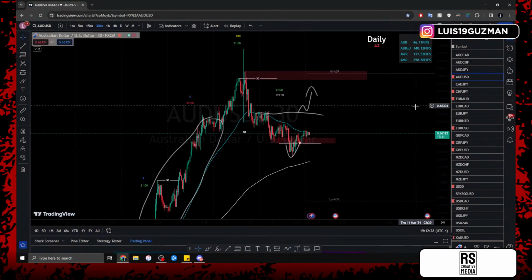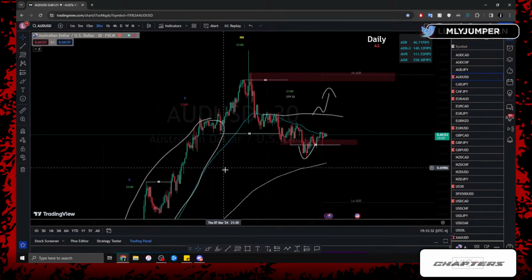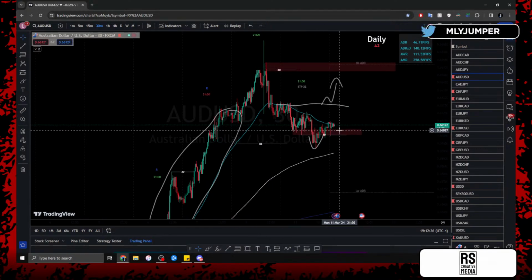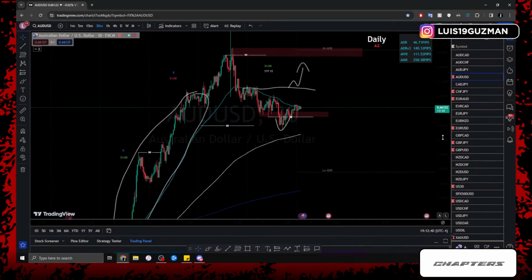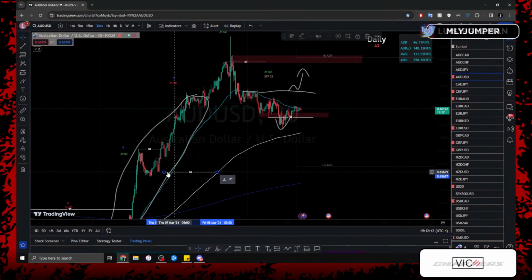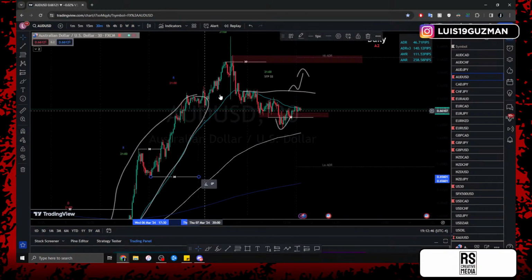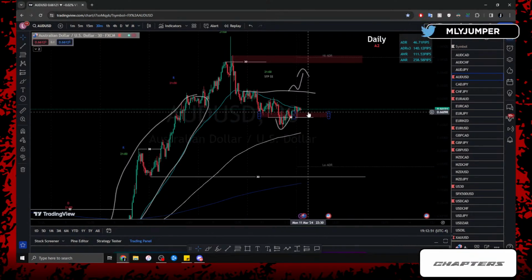So with that being said, AU, let's focus on what happened today. I'm going to change this up. I'm not going to mark this as a pullback. What I was saying this morning is I want to mark this as just this zone here. We have this high, this low, this high. We're trading between this low and this high up here.